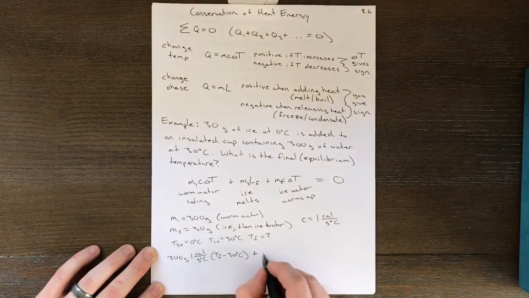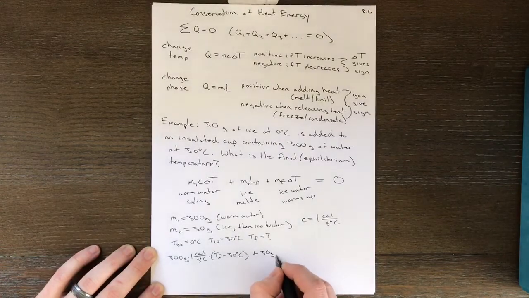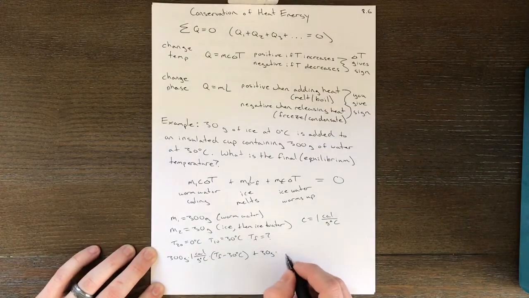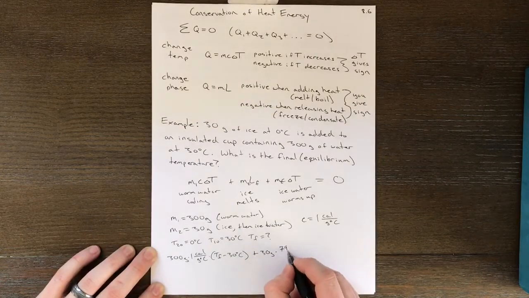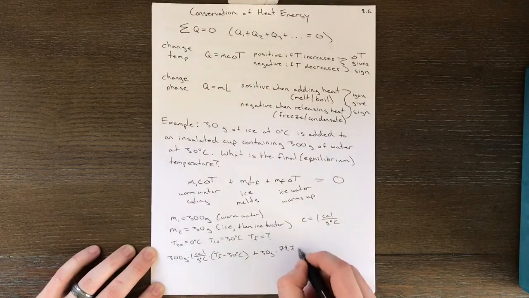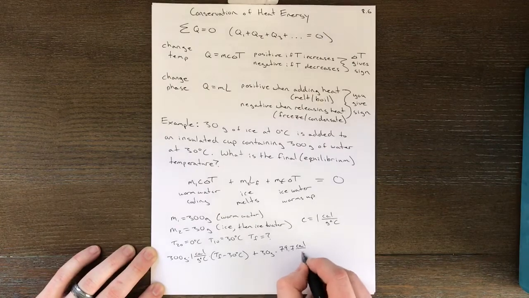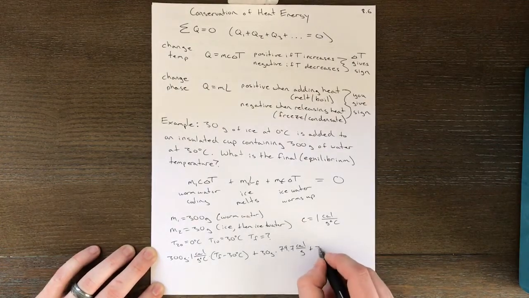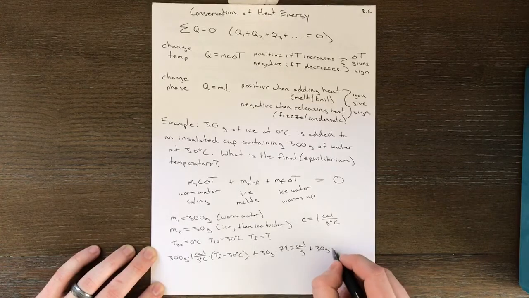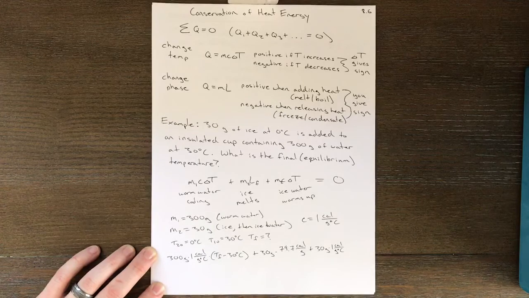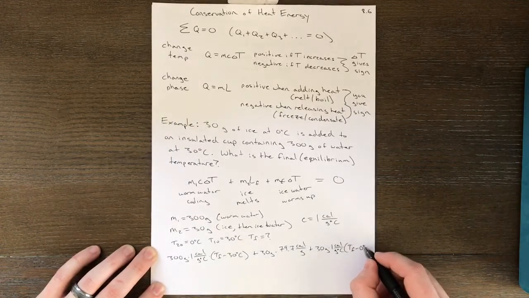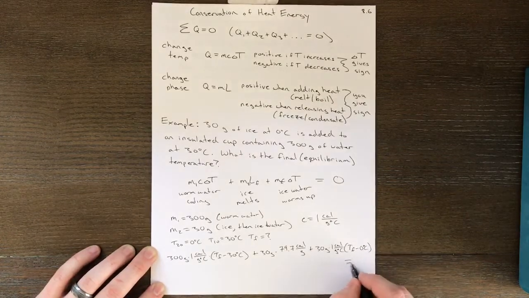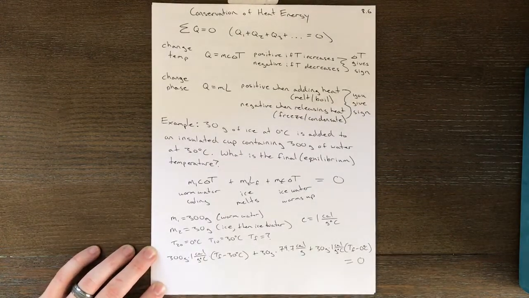Then plus, I would have 30 grams of ice water melting, the LF, the latent heat of fusion, is 79.7 calories per gram. And then I have 30 grams of ice water, so it has a C of 1 calorie per gram degree Celsius times T final minus T initial, which is 0 degrees Celsius. And all of that should equal 0.